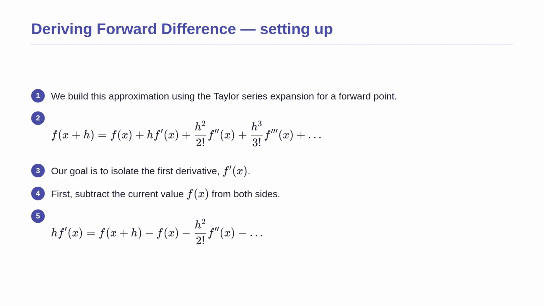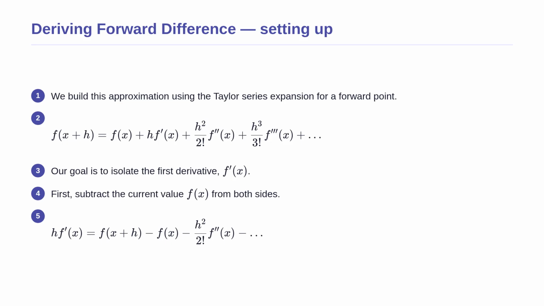Now that we have used this formula, let us understand where it comes from mathematically. To build these approximations, we rely heavily on the Taylor series. The Taylor series is a powerful mathematical tool that allows us to predict the value of a function at a nearby future point if we know everything about the function at our current point.